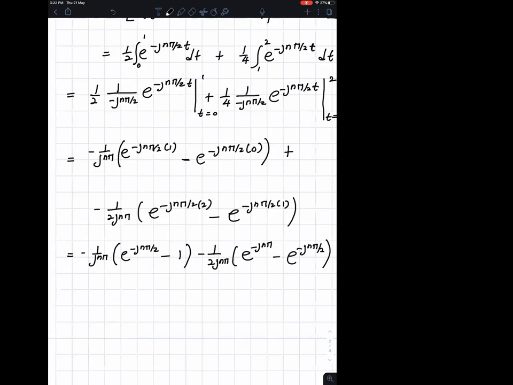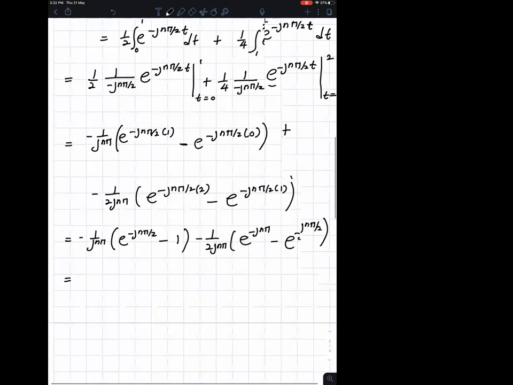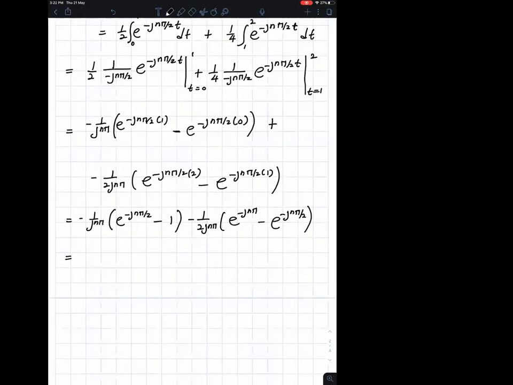Now you can open the parentheses. So you will get 1 over jn pi, e to the minus jn pi over 2, plus 1 over jn pi.